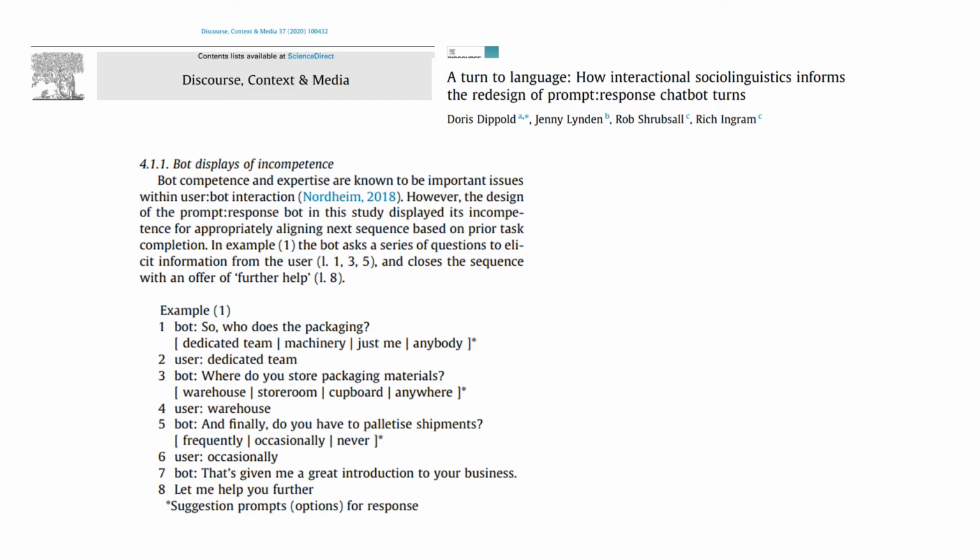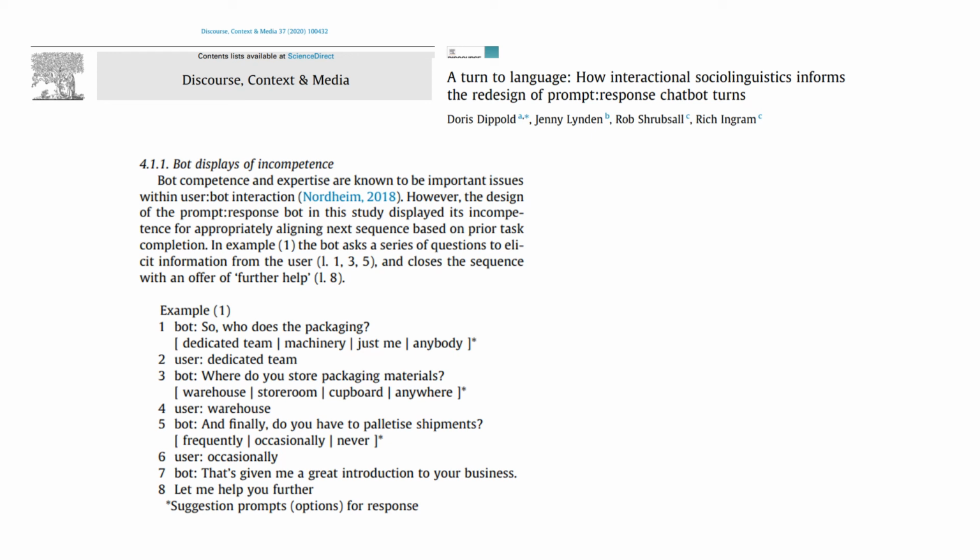So let's look at a couple of examples of research that uses interactional sociolinguistics. While we typically expect IS studies to be concerned with naturally occurring spoken data, researchers have used IS in various contexts. And this paper is an example of a study that uses interactional sociolinguistics as a way to inform the design of chatbots and the prompt response turns that the chatbot provides in engaging with a human.